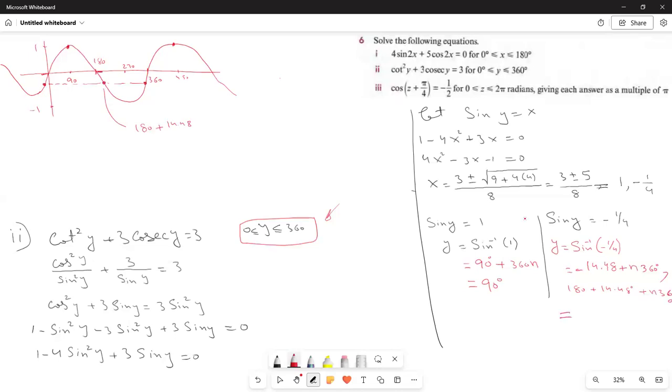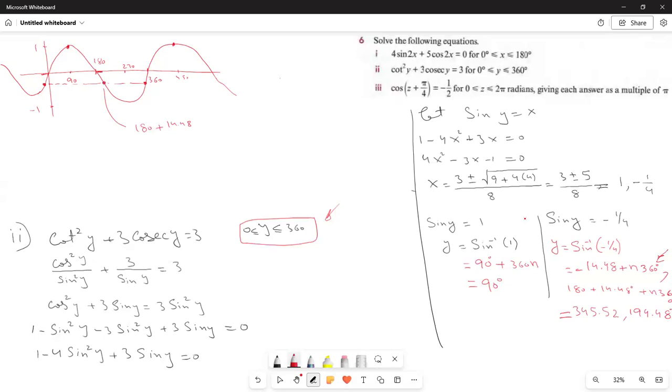So finally I will get two answers when n is equal to 1 in this expression: 360 minus 14 point something gives me 345.52. And when I use the other expression and make n equal to 0, it gives me the second answer, 194.48.